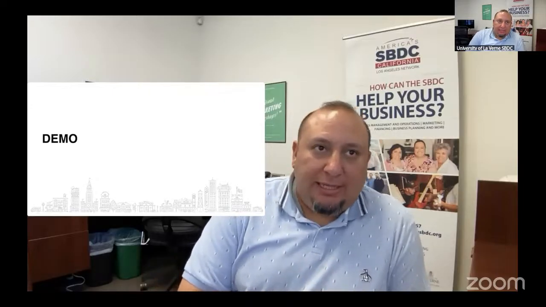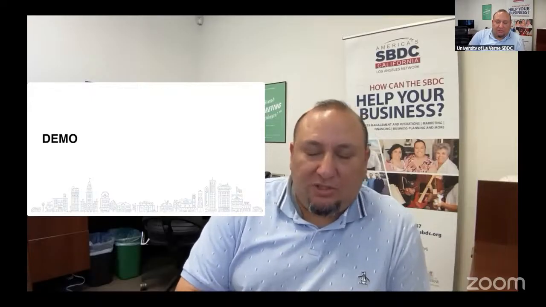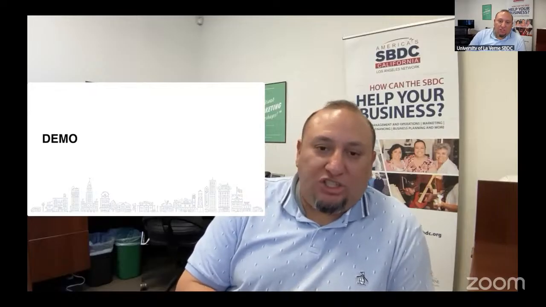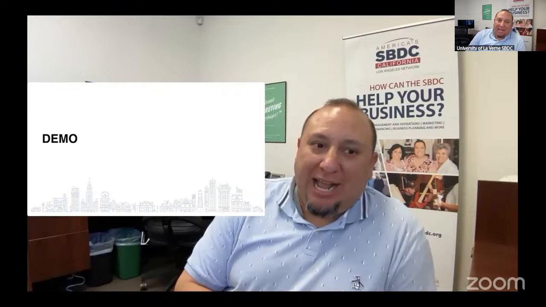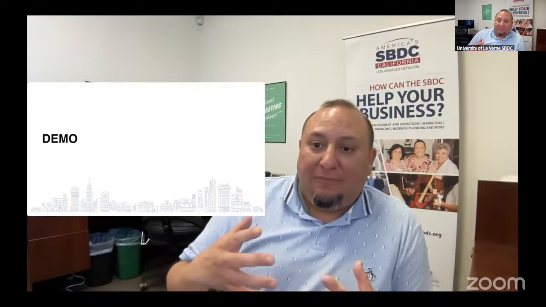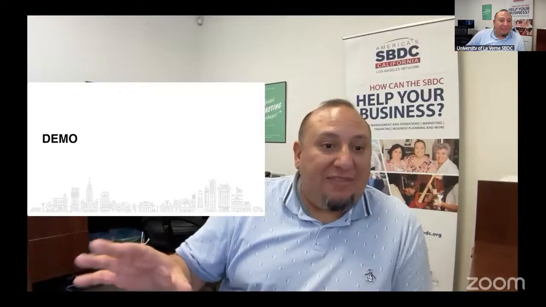So, demo time. In your resource folder that you'll get at the end of this training, you will get a whole sheet of prompts for Gemini AI or ChatGPT, your AI of choice. I use Gemini for a lot of this stuff, but we'll send this out in an email.